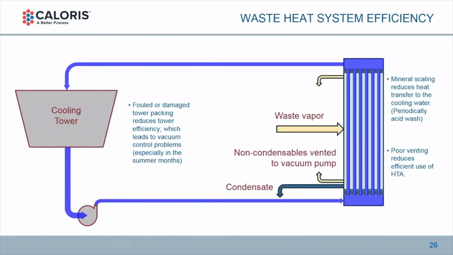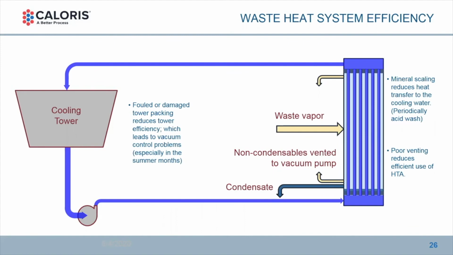Waste heat systems. If you've got mineral scaling in the heat exchanger of your surface condenser, or you've got poor venting and non-condensable gases collecting in there, you're not efficiently using the available surface area of that condenser.